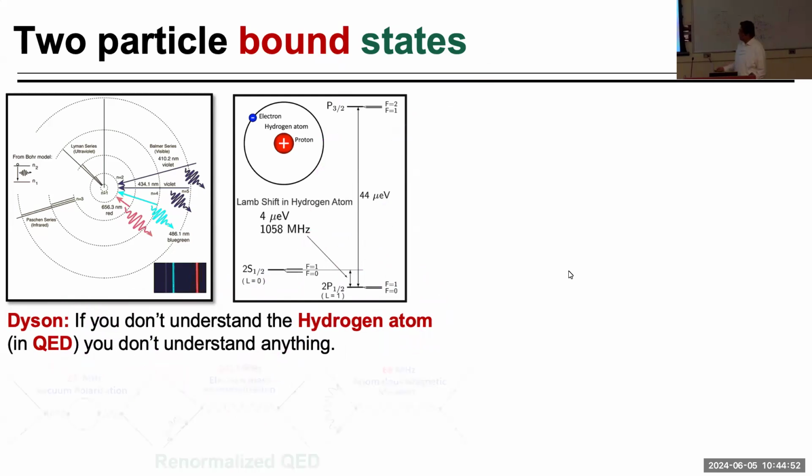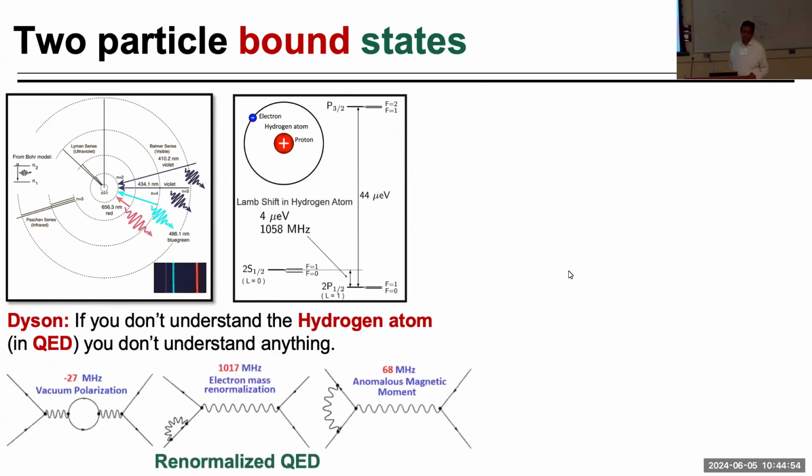That eventually led to the understanding of renormalized quantum electrodynamics, the concept of renormalization, radiative corrections, the calculation of the Lamb shift, and the calculation of g minus 2, the anomalous magnetic moment of the muon, etc. So the study of the two-body bound state, its excitation and spectrum, led us to the deepest understanding of quantum electrodynamics.